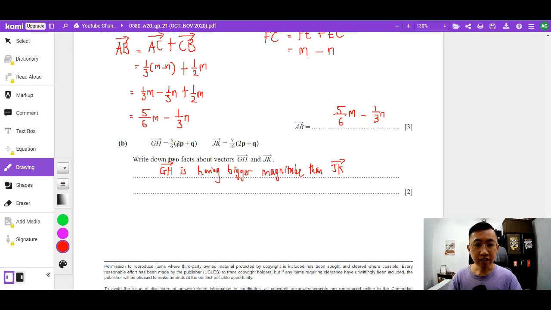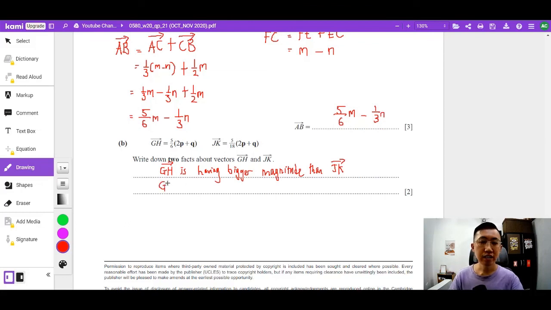Now, the second theory you have to observe. Whenever you see a vector that can be represented like this, this is 2p plus q, this is also 2p plus q, and the only difference is a fraction or number in front, they have the same direction, they are parallel. This is something that you need to know. If the bracket has the same terms, then they are parallel.